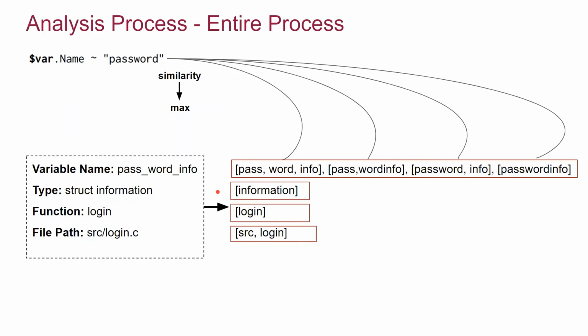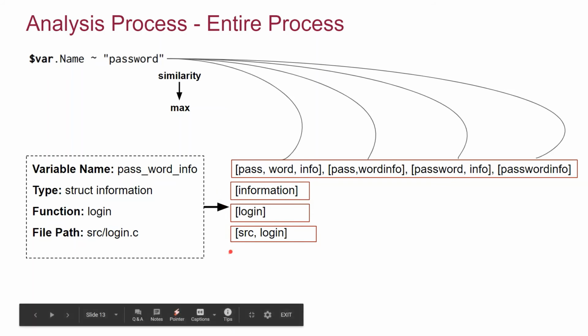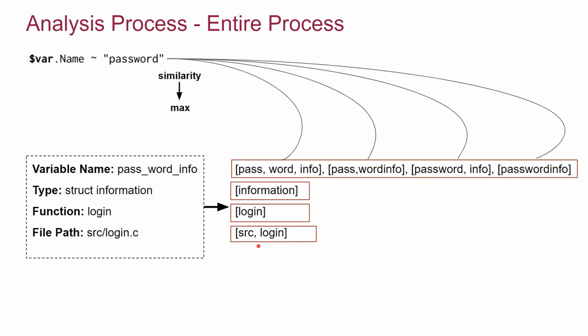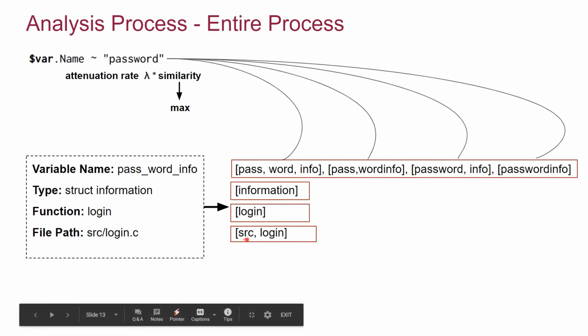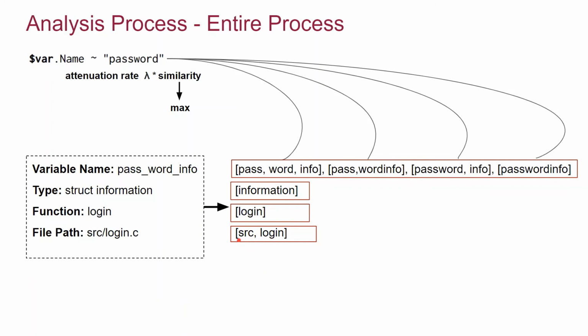Finally, we add them together and normalize it, and use the normalized value as the variable's likelihood. To distinguish the adjacent words in the file path, when we calculate the similarity for file path, we multiply by an attenuation rate lambda. That means if the folder is far away from the code file, its similarity will get smaller.